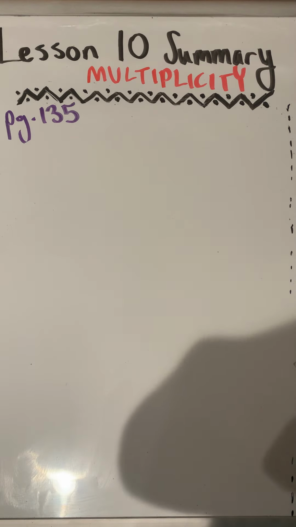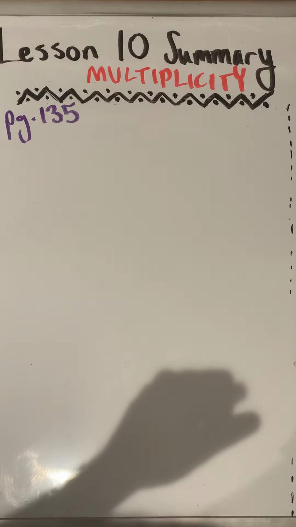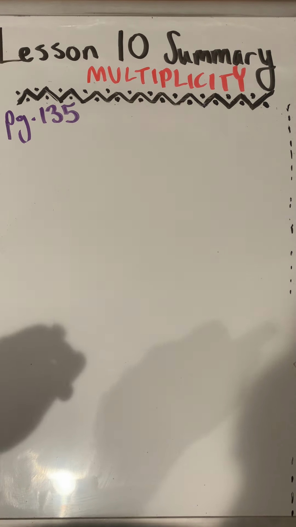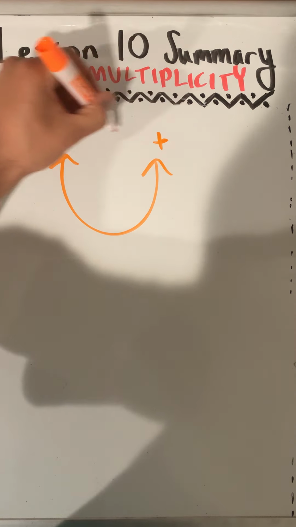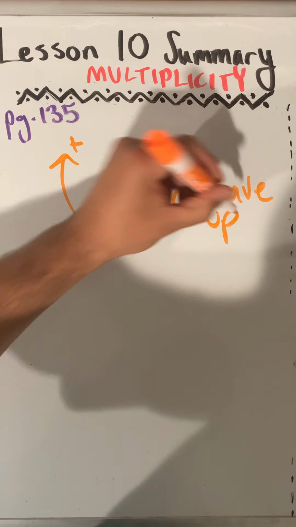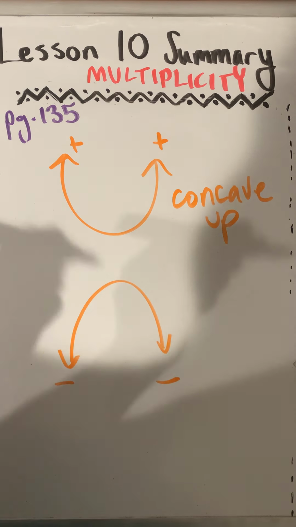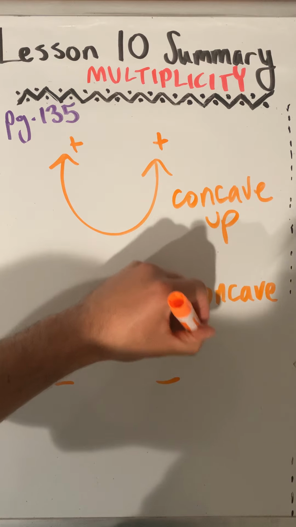So here's another concept we need to cover. Positive and negative functions. We've seen those where positive functions point upward, they're concave up. And then downward functions, which are negative, are called concave down.